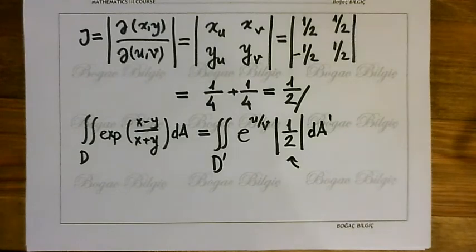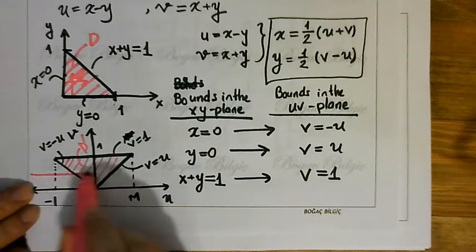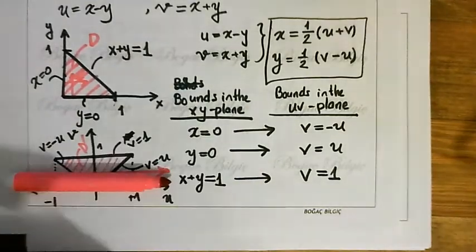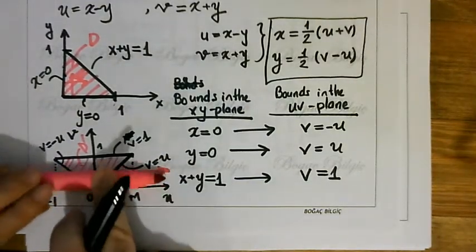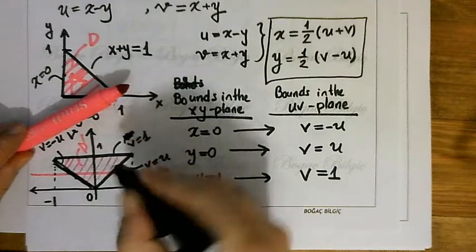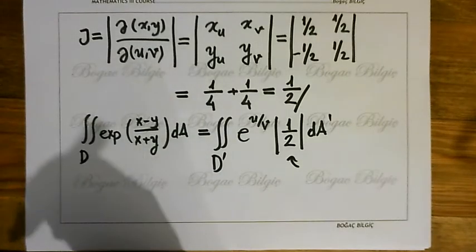Regarding D-star as a u simple region, we write the iterated integral. u goes from 0 to 1, with the lower boundary this line and the upper boundary this line.